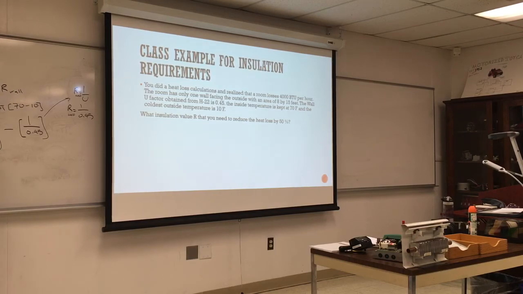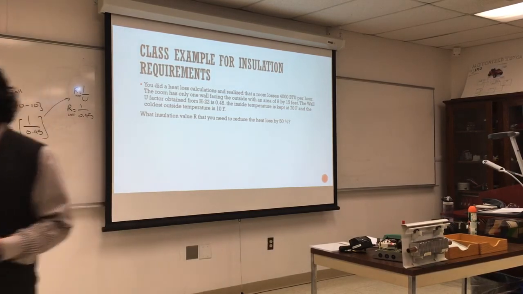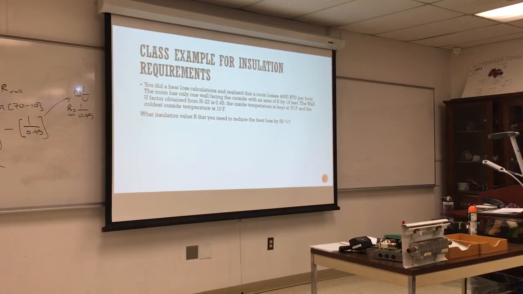We get here 3.6, and this is 1/0.45, 2.222. That's the R value. 1.38. You're not going to go and buy 1.38, you're going to buy 1.5 or something more. But this is the minimum that you have to add to cut down the heat loss by 50%. You can go higher, whatever you can find.